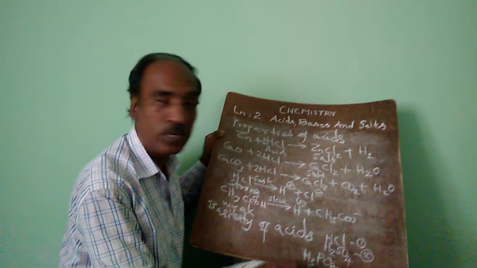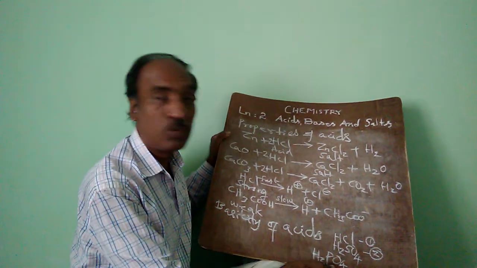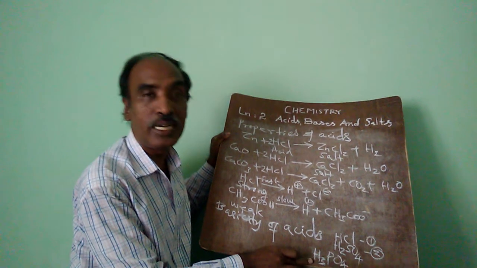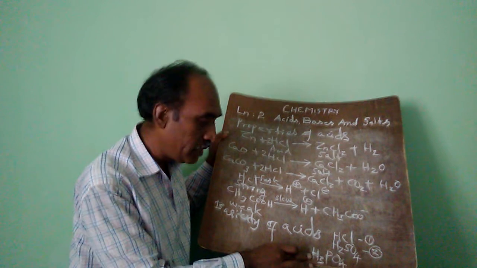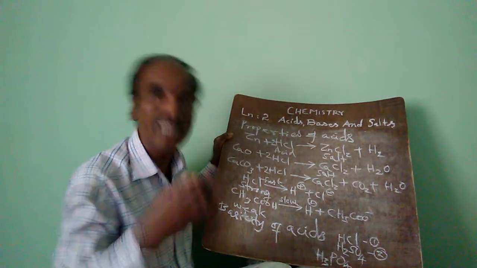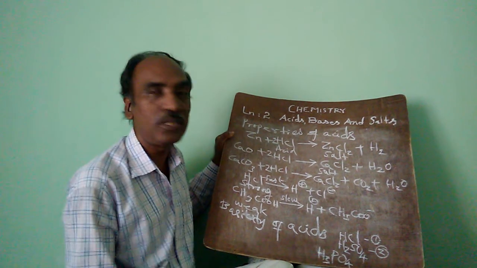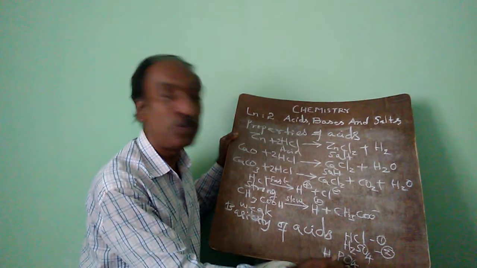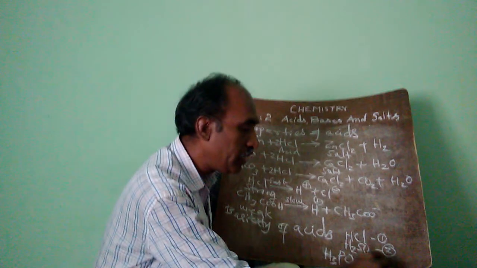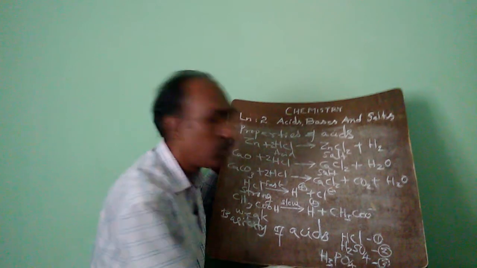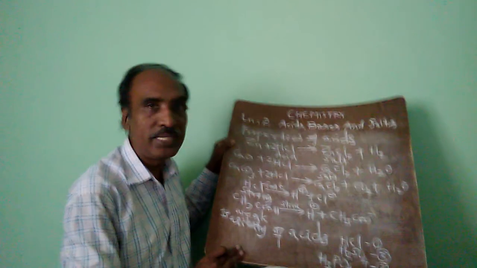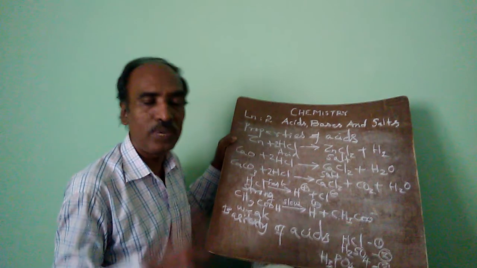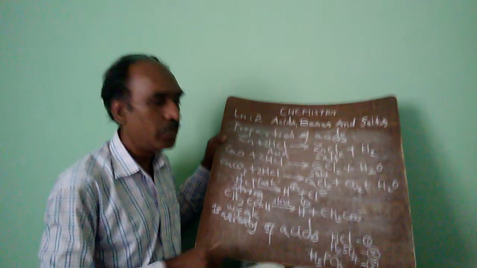Here 3 hydrogen atoms are present. These 3 hydrogen atoms will release 3 H plus during the reaction. So the basicity of phosphoric acid is 3. Now you know what is meant by basicity. Basicity is nothing but the number of replaceable hydrogen ions. Up to this.